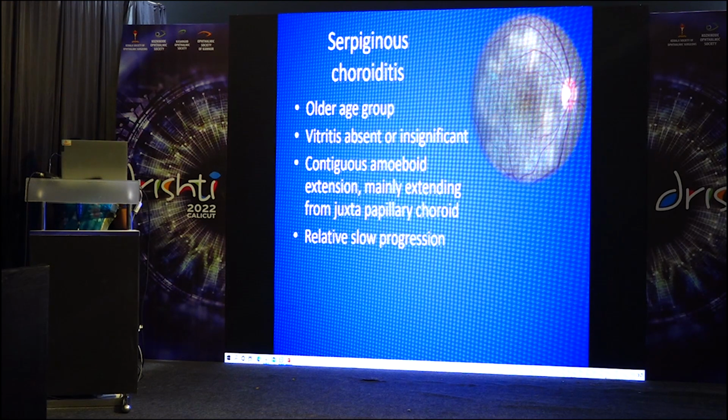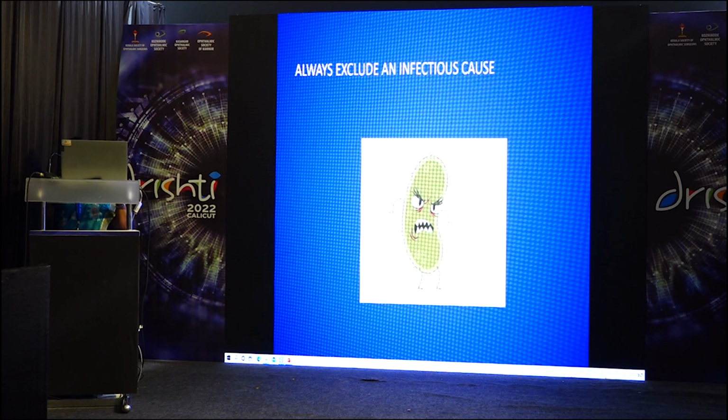Next is serpiginous choroiditis. As the term describes, it has a peculiar pattern starting from the peripapillary choroid, with an amoeboid extension mainly extending from the peripapillary area. A slow progression is noted most of the time, associated with minimal vitritis. And always exclude infectious cause.